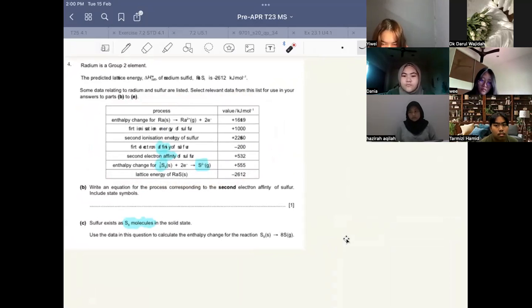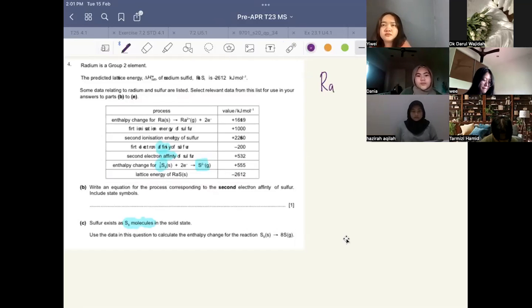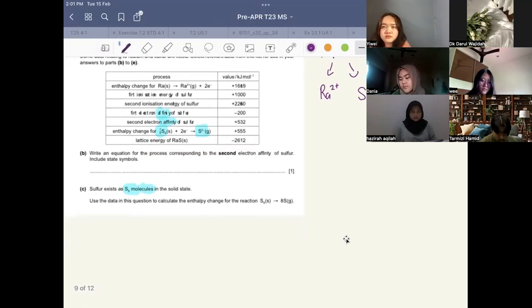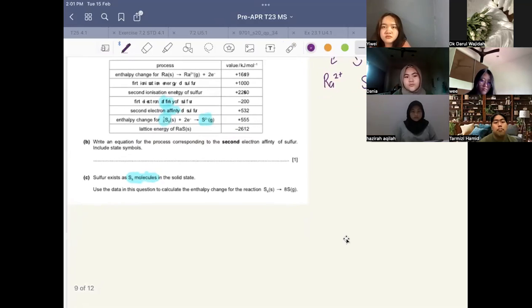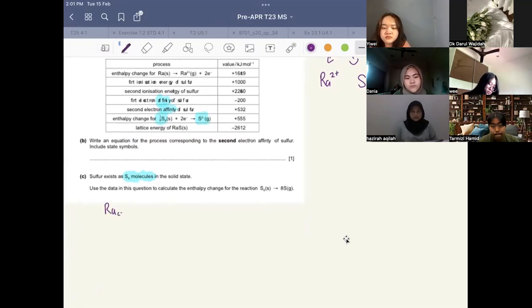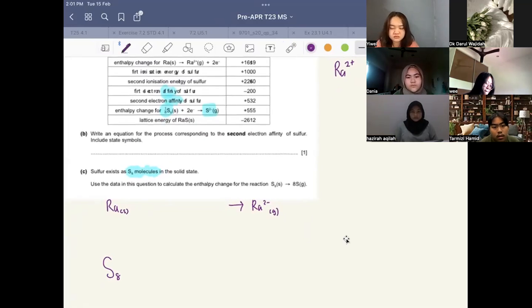Okay, actually, you don't need all those numbers. They say these are the values for radium sulfide, RaS, which is made up of Ra2+ and S2-. Now, you will be tempted to think that I need to start with Ra solid and end with Ra2+ gas, and for sulfur, I need to start with S8.